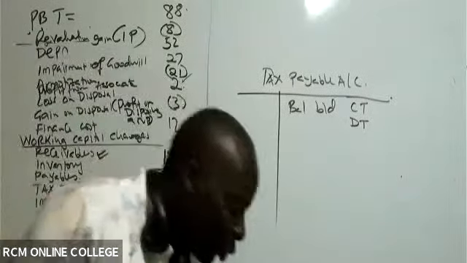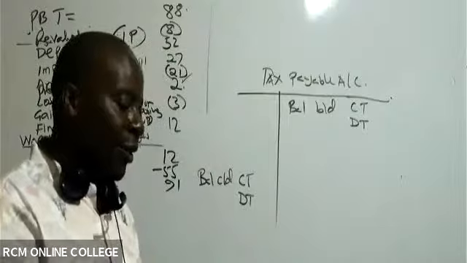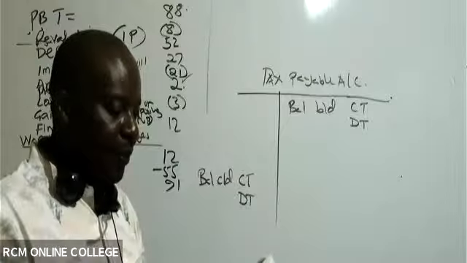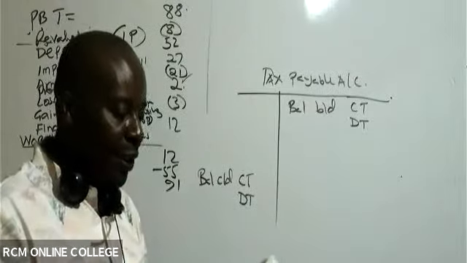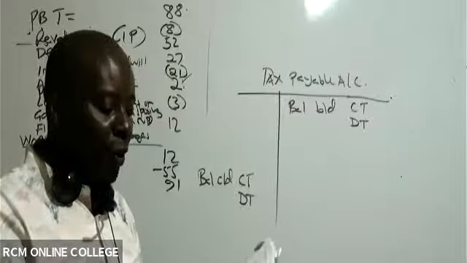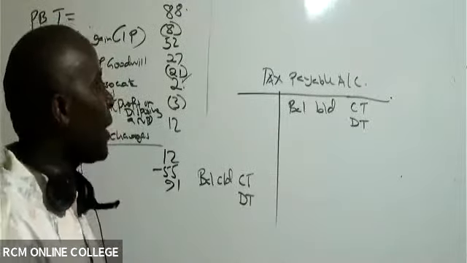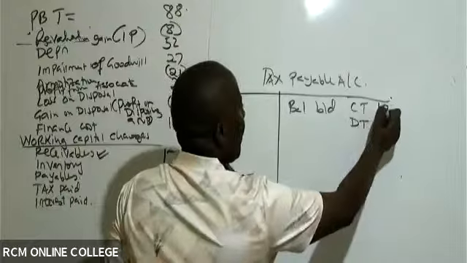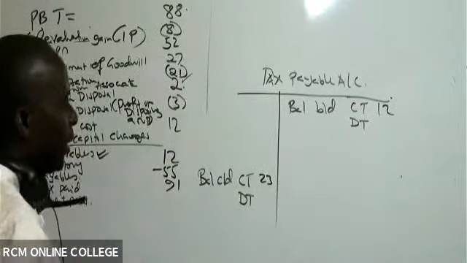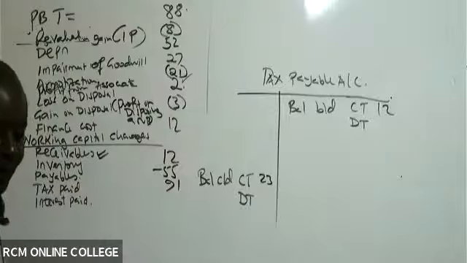Current tax, please go to your balance sheet. Are you able to see the current tax, you ninjas? Under liabilities, yes, I can see income tax payable. I'm seeing a 12 and 23. Brought down is 12, carried down is 23.